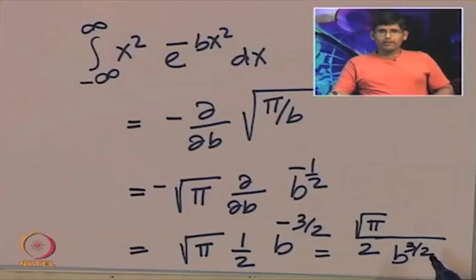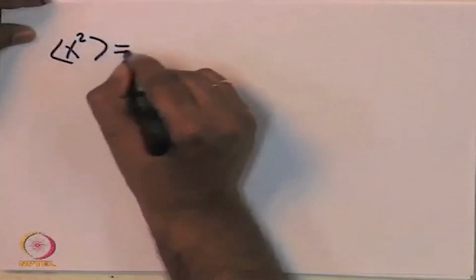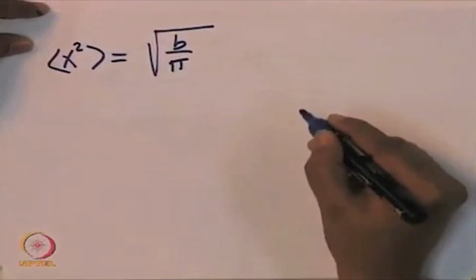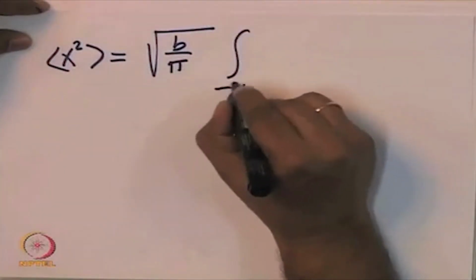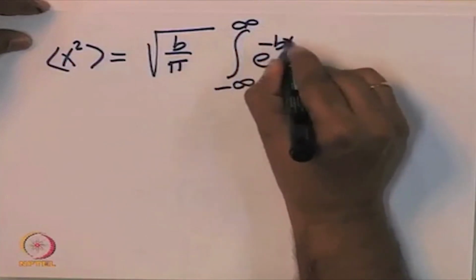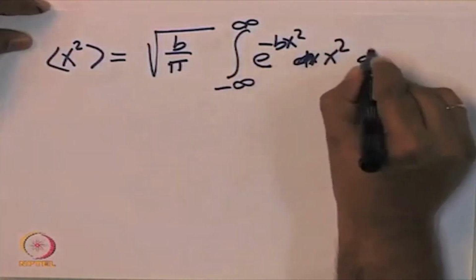Now, what do we want? We want x square average. x square average is defined, as we said, by multiplying this with root of b by pi, which is our a, times the integral from minus infinity to infinity of x square e power minus b x square dx.